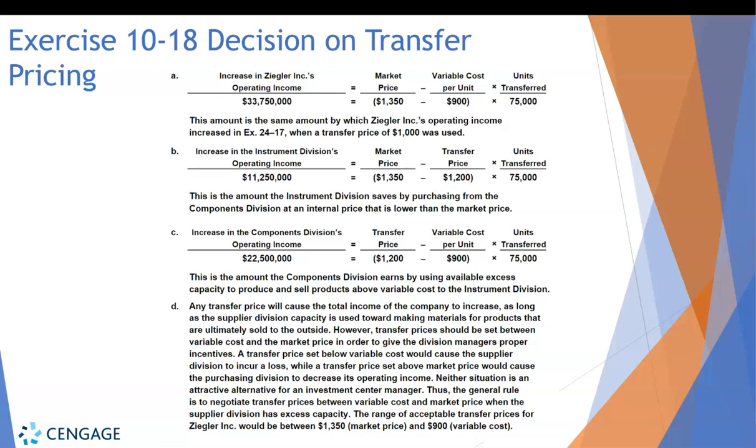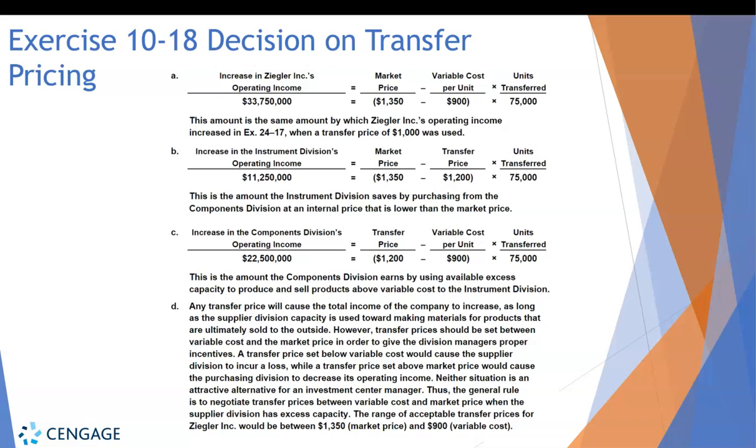And if we change the transfer price, we increase it, then you see overall the numbers are the same, but per department the changes occur.